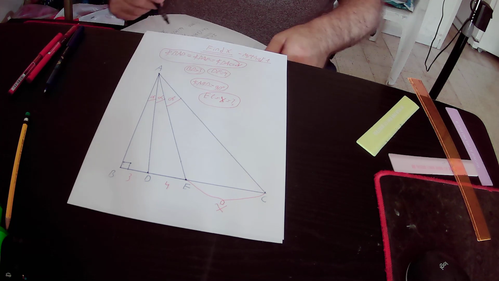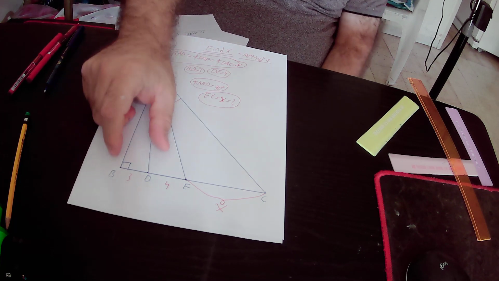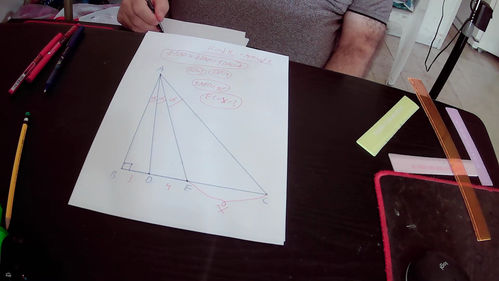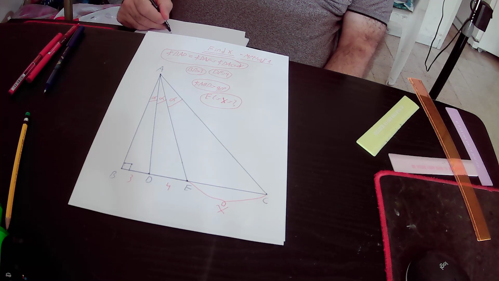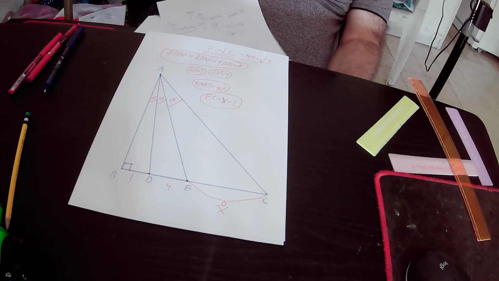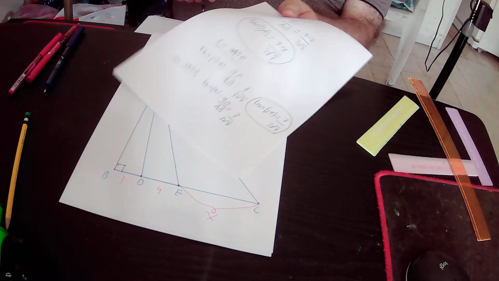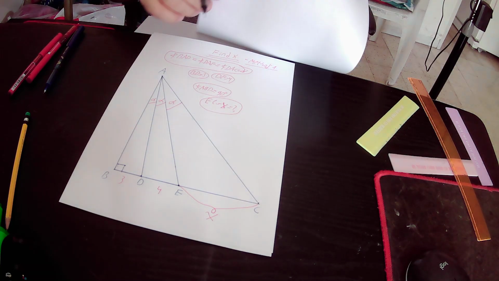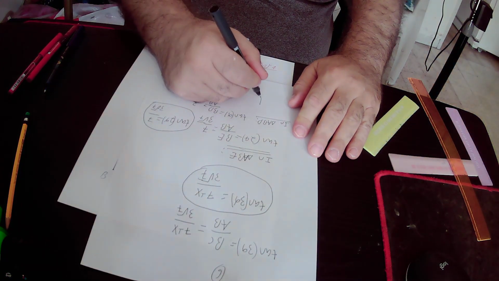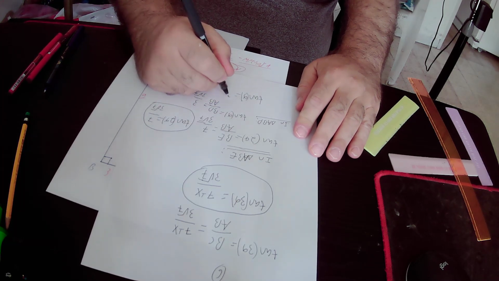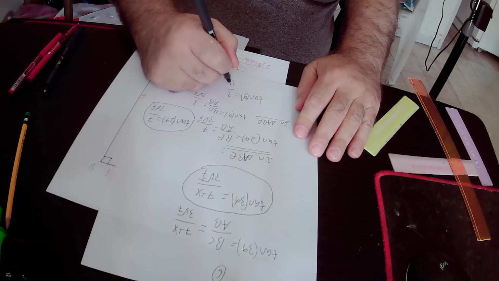Okay, but what is the value of BD? The value of BD is 3 units. And we have already found out that the value of AB is 3 times root 7 units. So in total we got that the value of tangent alpha equals to 3 over 3 times root 7.